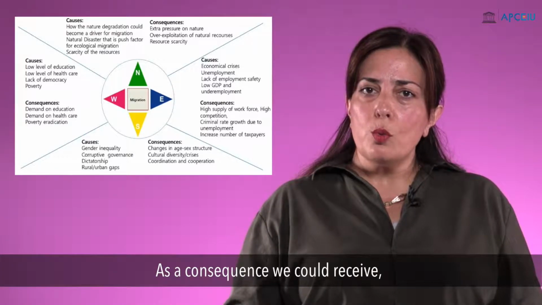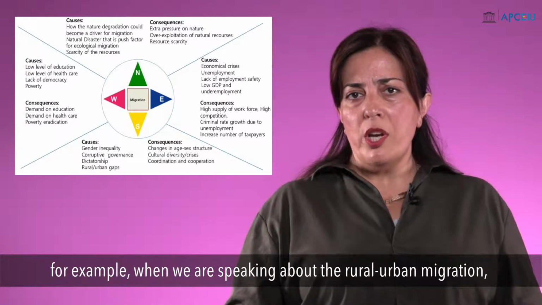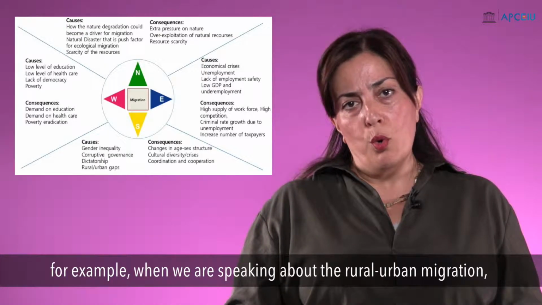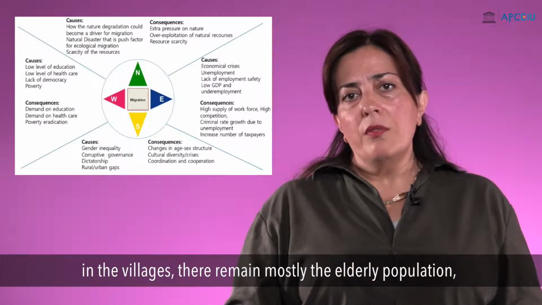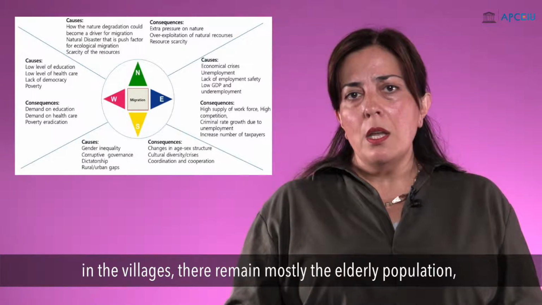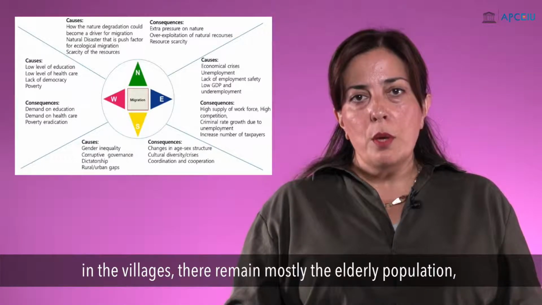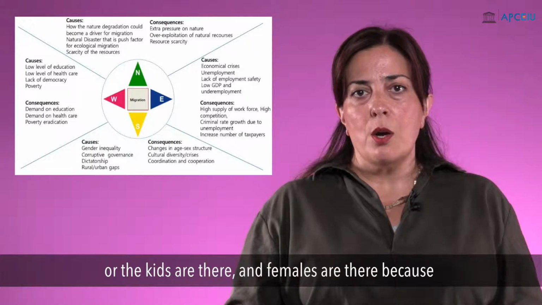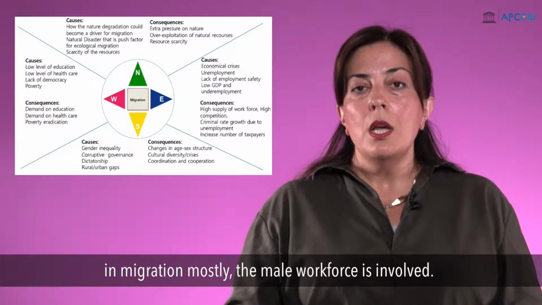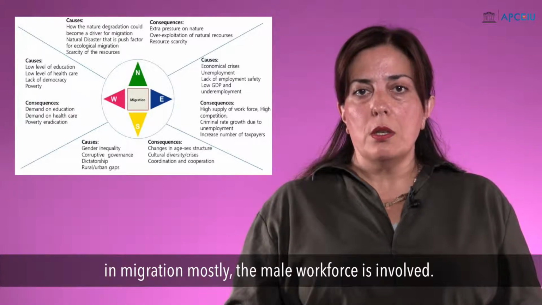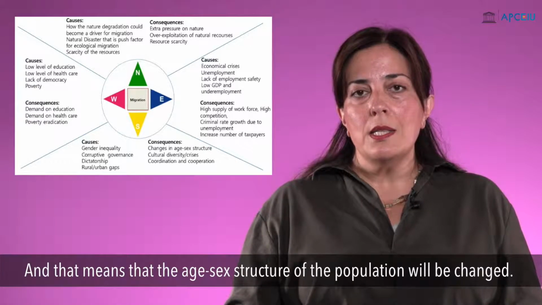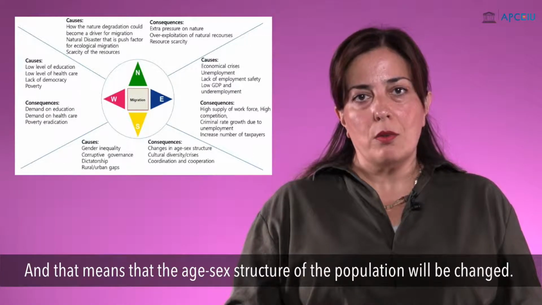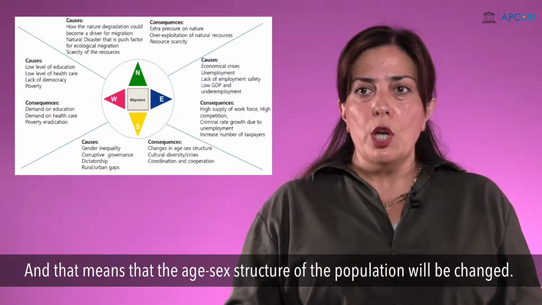As a consequence, when we are speaking about rural-urban migration, in the villages remain mostly the elderly population, or the kids and females, because in migration mostly the male workforce is involved, and that means that the age-sex structure of the population will be changed.